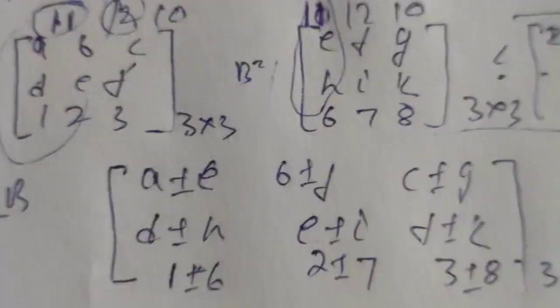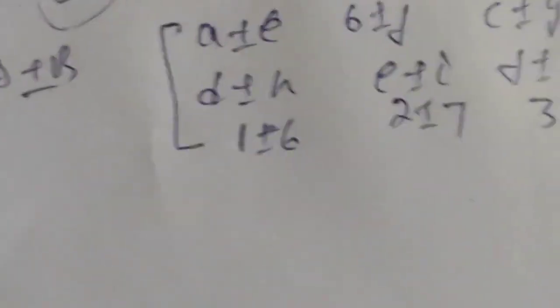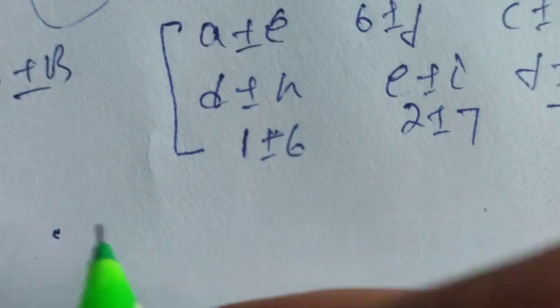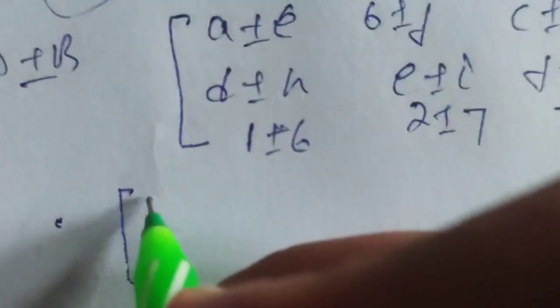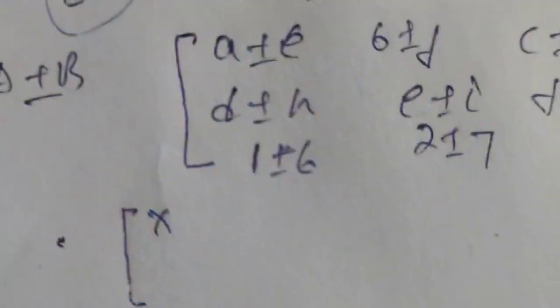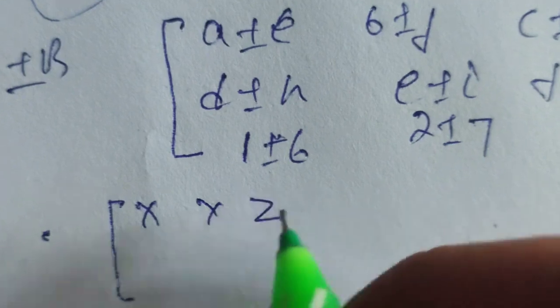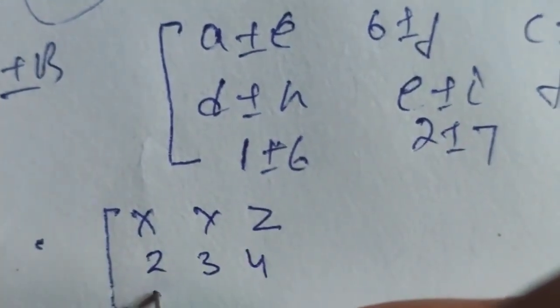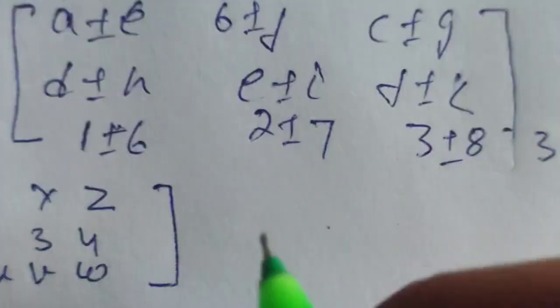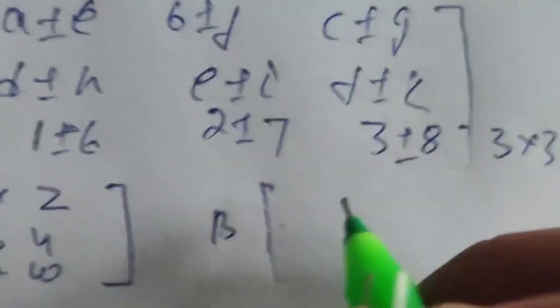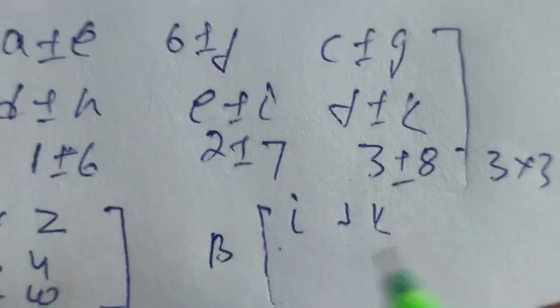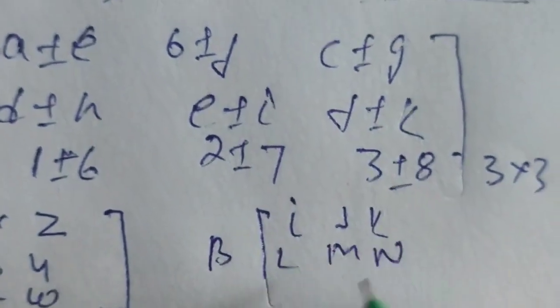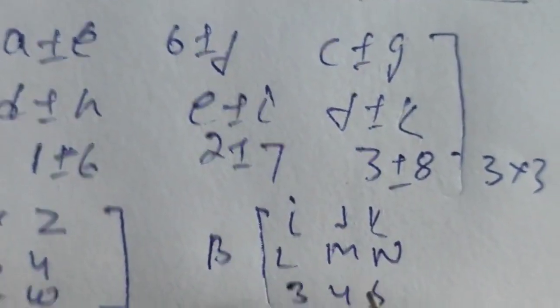In the next class we will talk about multiplication, and I gave you some questions. Matrix A is X Y Z, 2 3 4, and U V W. Matrix B is I J K, L M N, and 3 4 5.